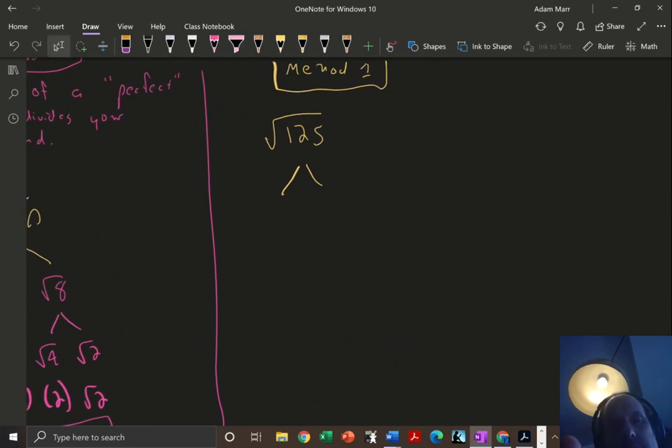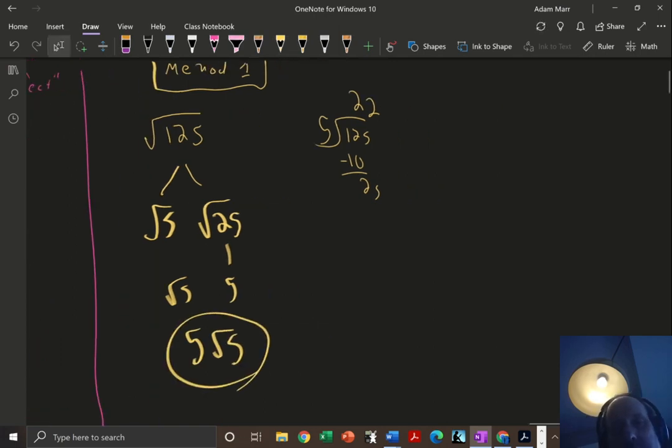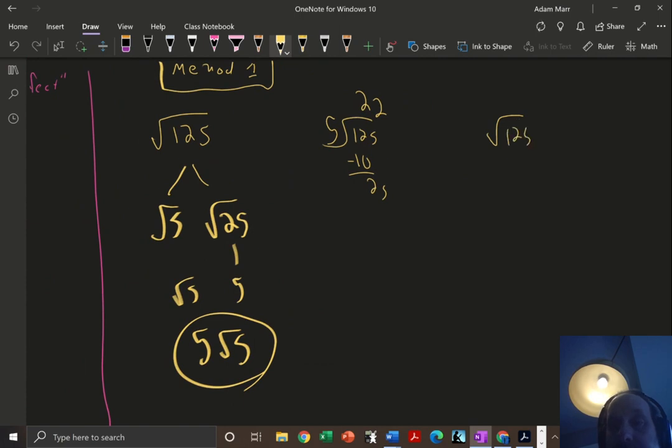I know that 5 goes into 125 25 times. So that'll be root 5 and root 25. We know the square root of 25 is 5, and bring down root 5, so that comes out to 5 root 5. This one was an easier one because 25 is a perfect square, so method 2 would have been the same way. It doesn't really make a difference in that case.